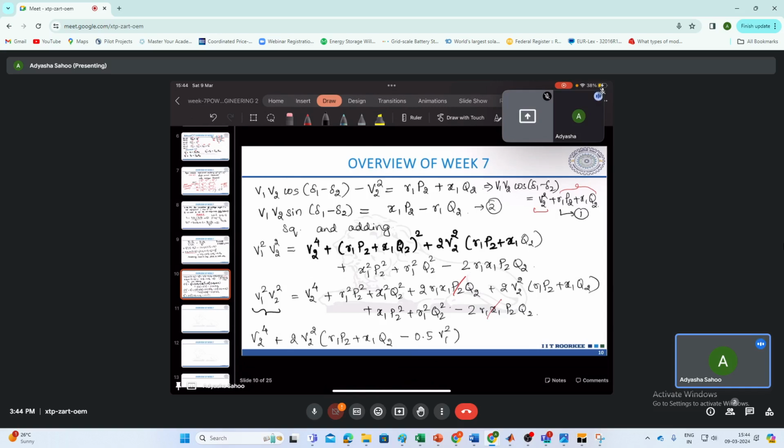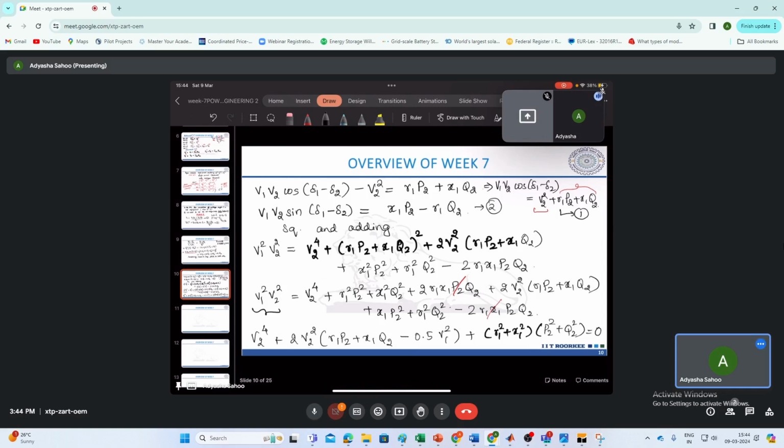Right, so these two terms are gone. Now for the constant part, R1 square plus X1 square will come as common, so R1 square plus X1 square into (P2 square plus Q2 square). So you get the final equation equal to 0.